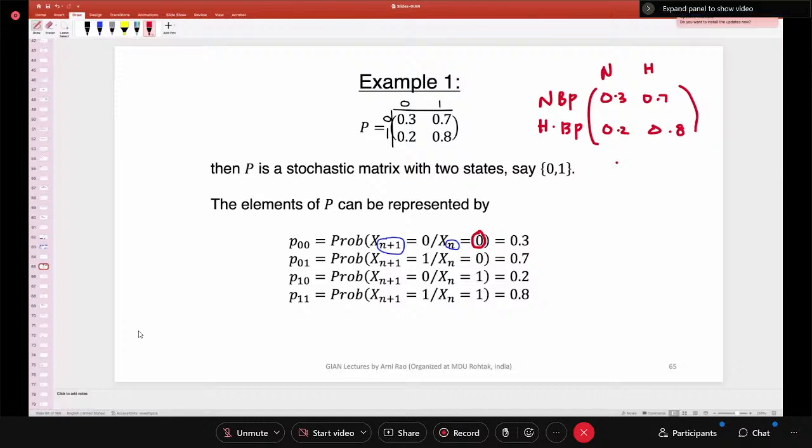So the patient transitions from normal to normal. Given the patient is normal, the probability of becoming high blood pressure is 0.3.